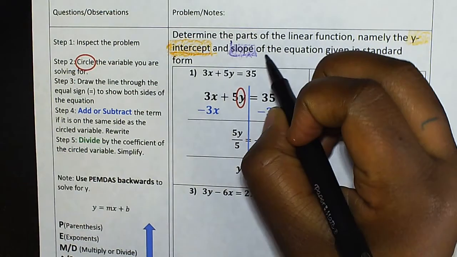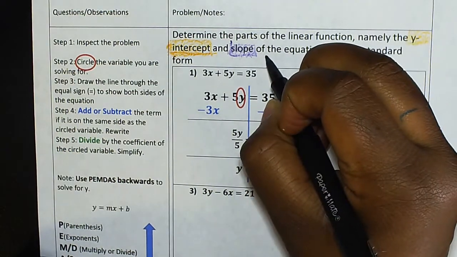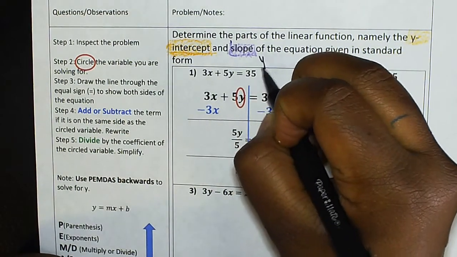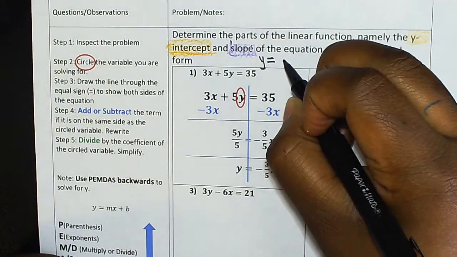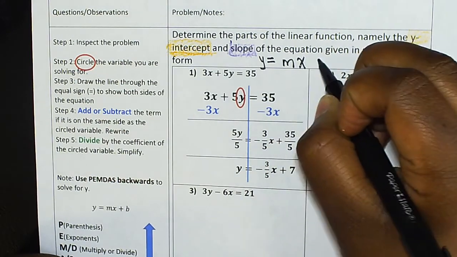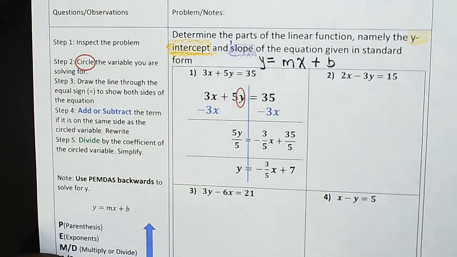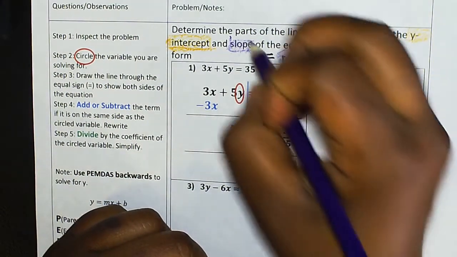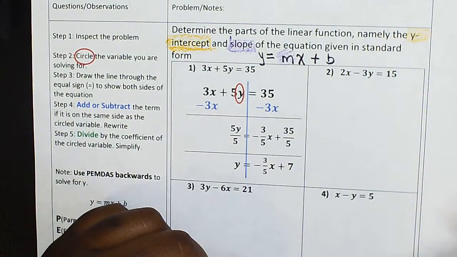So to do that, we know that if we have the equation in slope-intercept form, and so remember slope-intercept form is y is equal to mx plus b. And some of you might remember that the m is my slope. So I'm going to write m on top of that. So I know that this is the slope.